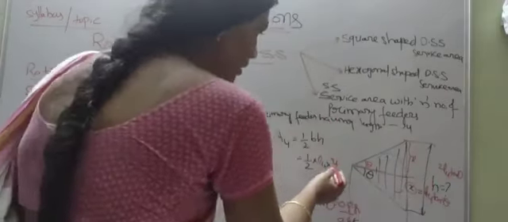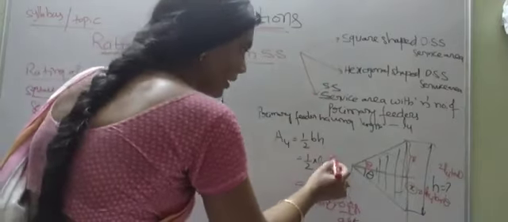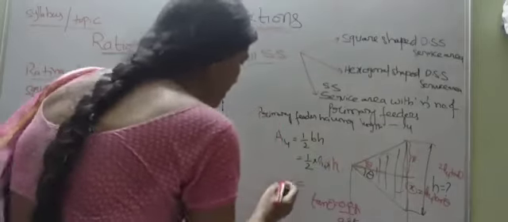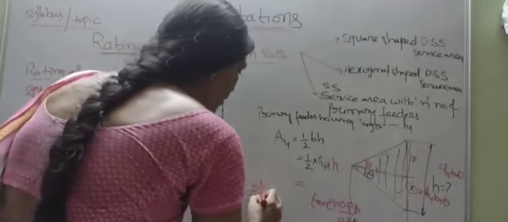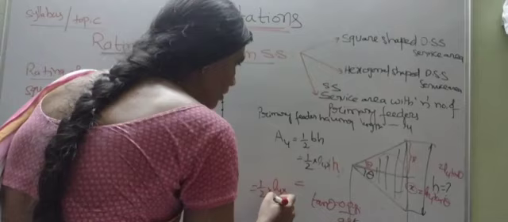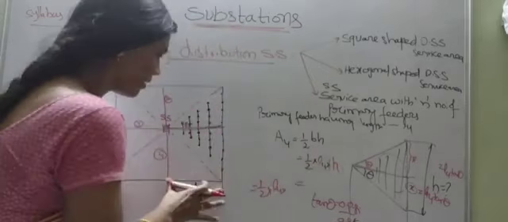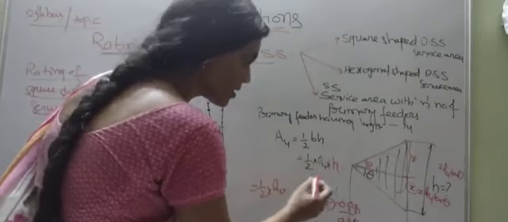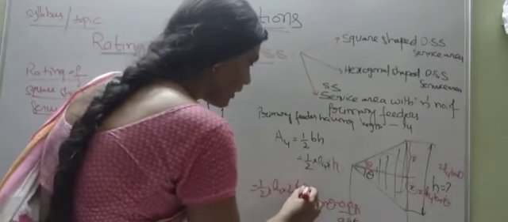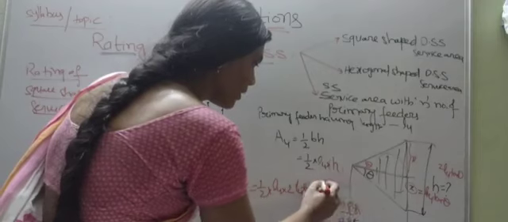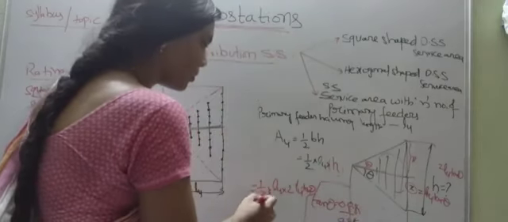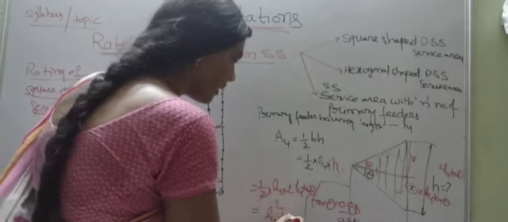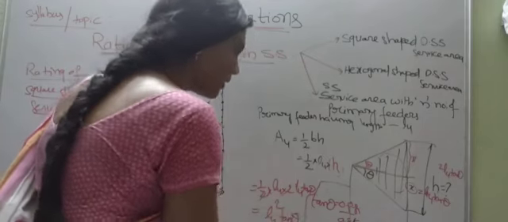Now substitute for H. Half of base L4, this is the base of the triangle, times height 2 L4 tan theta. The 2 gets cancelled, giving L4 into L4, L4 square tan theta. Now calculate the theta value.